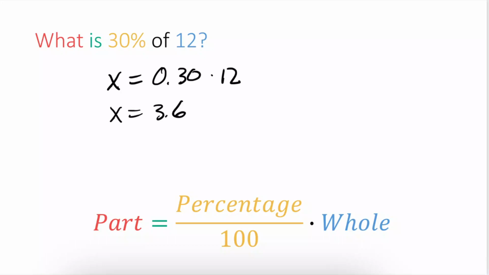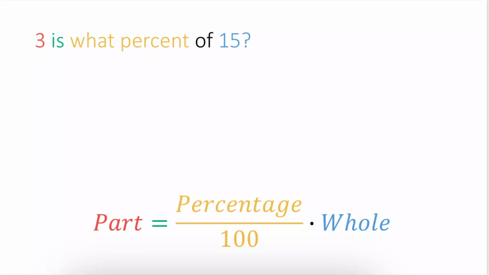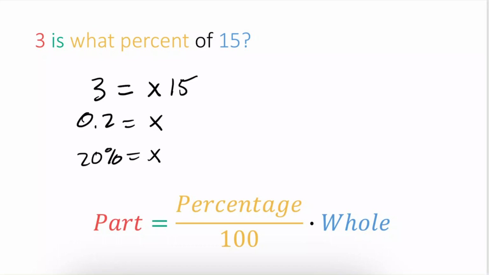And so 3.6 would be 30% of 12. You can also use it to find the percentage, because if you say 3 is what percent of 15, you just divide both sides by 15, and you would get x equals 0.2, which means that you could also write that as x equals 20%, because that's how you would write it in percentage form.